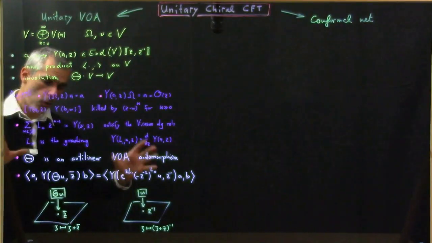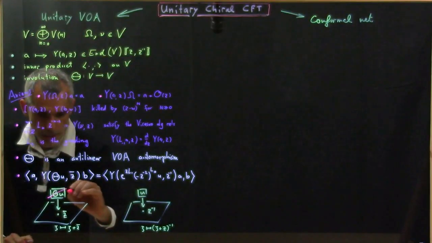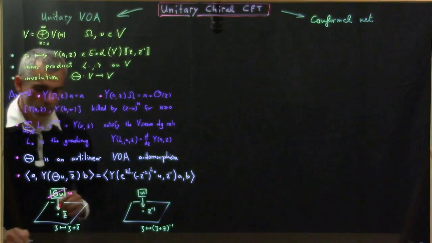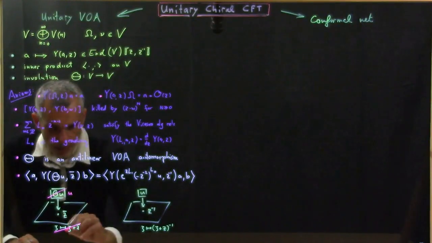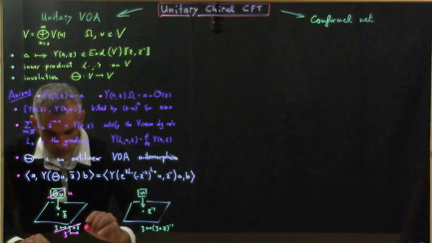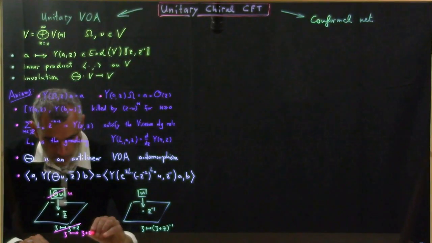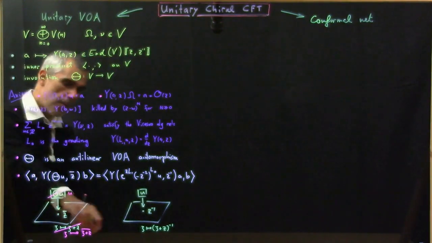And one can even make it more clear by, instead of using theta u, let's just use u itself. And instead of using this coordinate here, let's use zeta goes to zeta plus z bar.